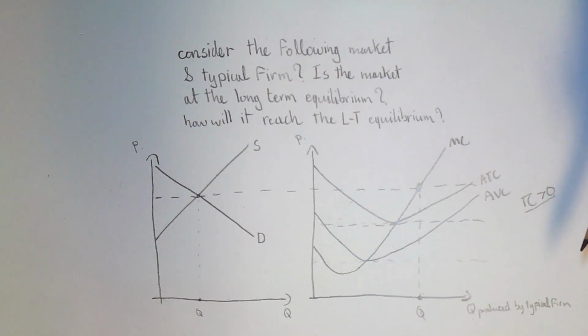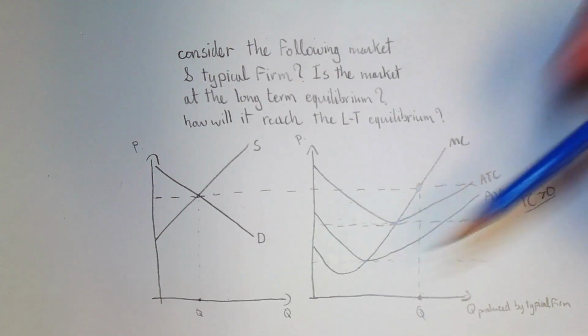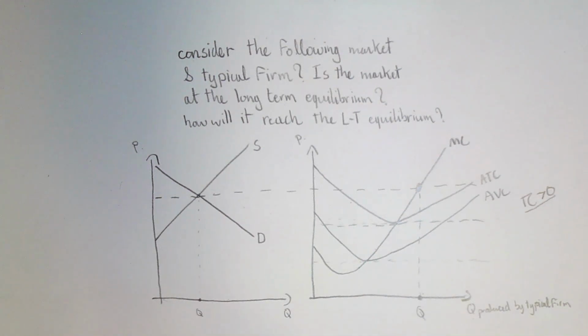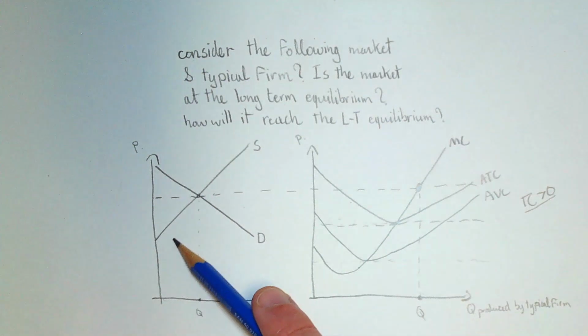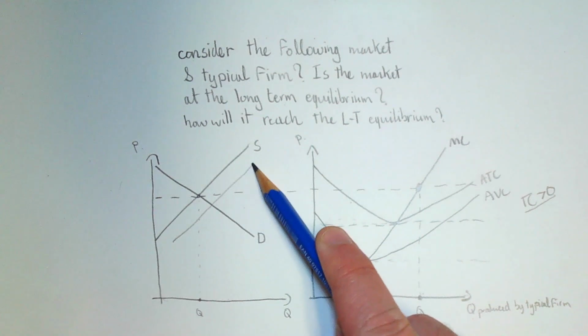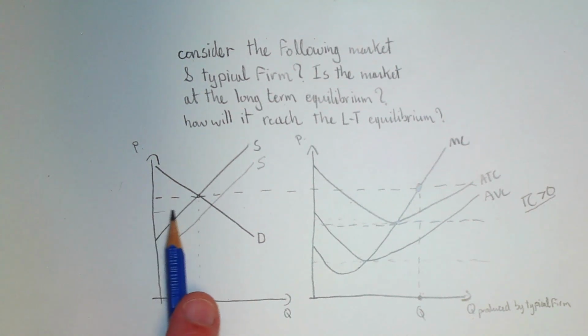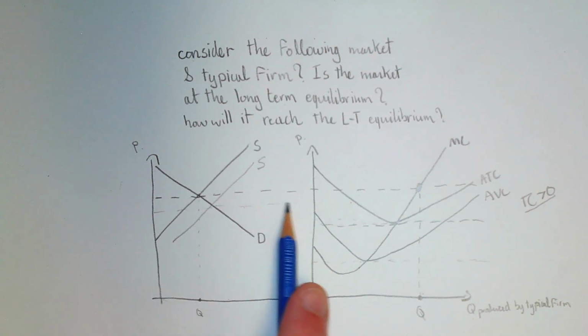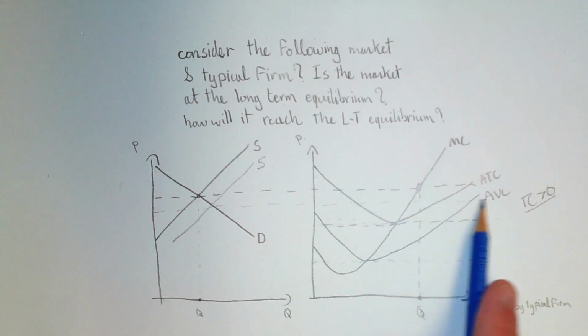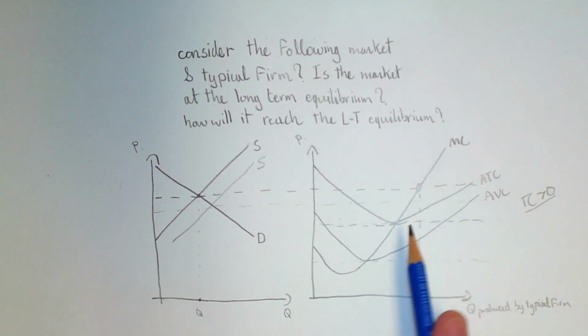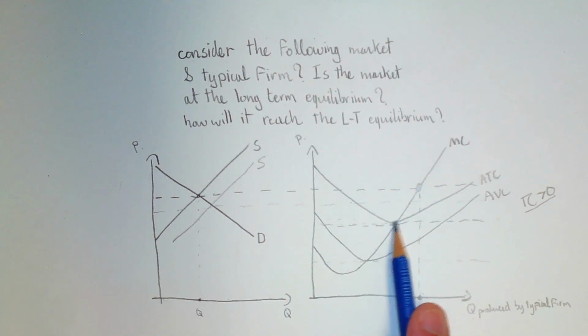As these firms join the market, the supply increases, and as the supply increases, the price on this market will shrink. As long as the price is above the break-even price, firms will have an incentive to enter the market because they can make positive economic profit.